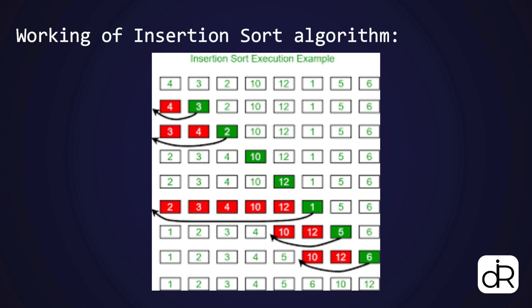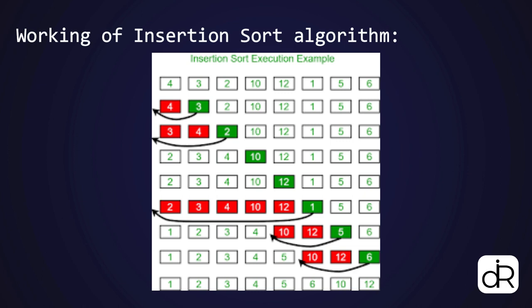So, insertion sort execution example, as you see on the screen, this little example. We have here in the first row a list of numbers, or you could imagine like an array that contains different blocks of numbers: 4, 3, 2, 10, 12, and 1, 5, 6.